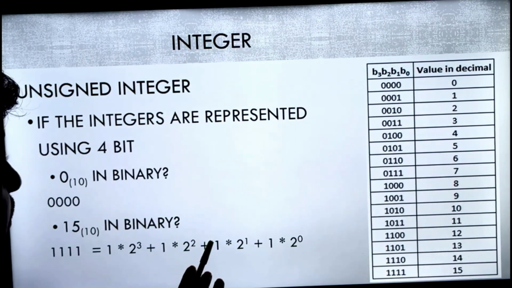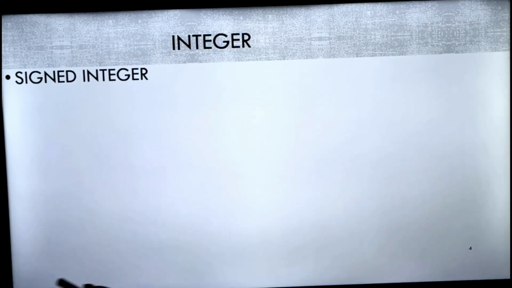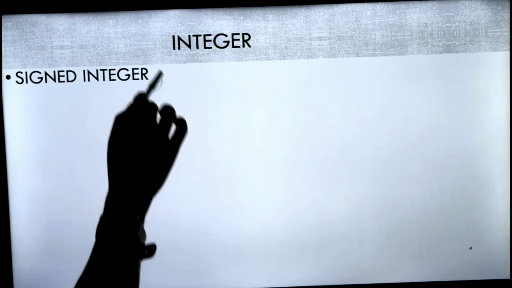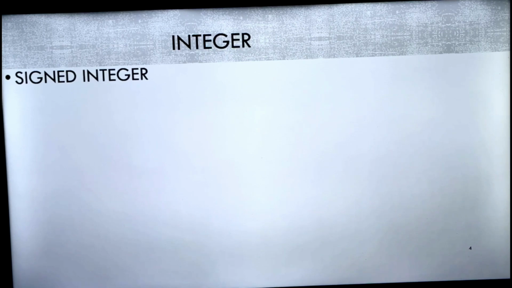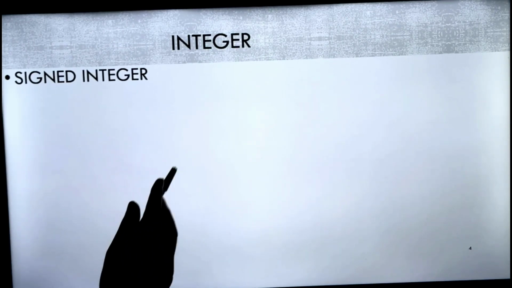Now the actual point of discussion, or the point where you have to focus on in today's lecture, is about signed integers. For some of you, this can be a new topic where we'll deal with signed numbers, not unsigned numbers. Means if I convert something to a binary number, before converting we'll see whether the number is positive or negative.